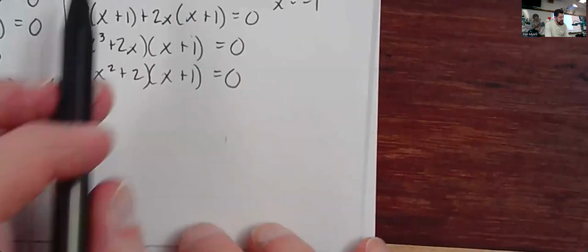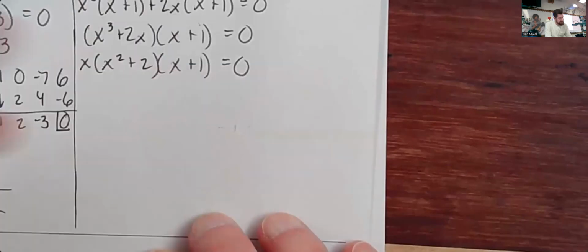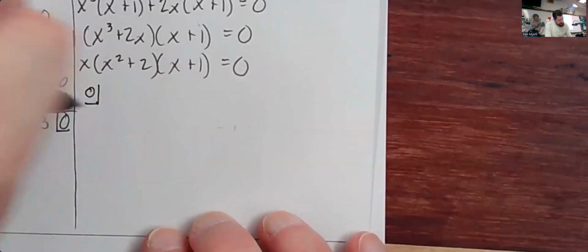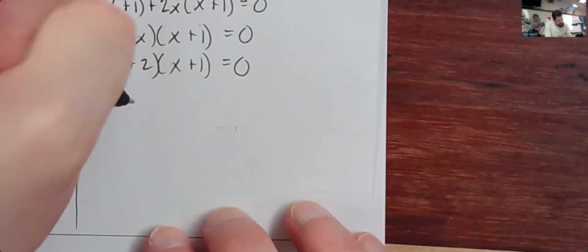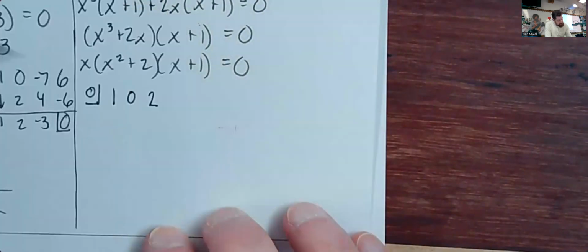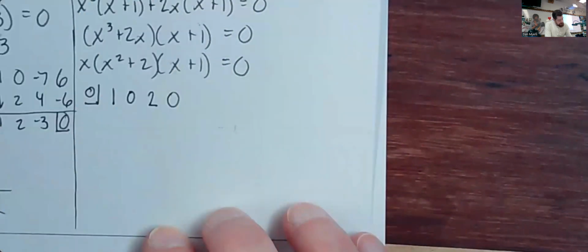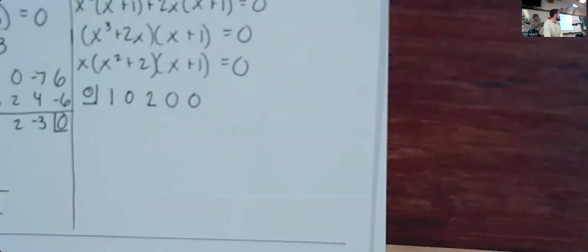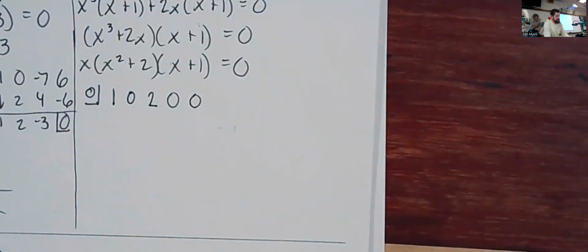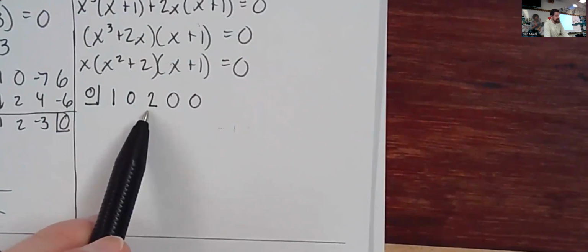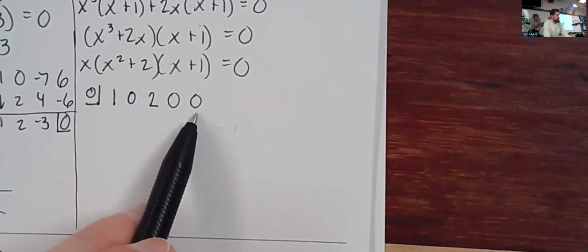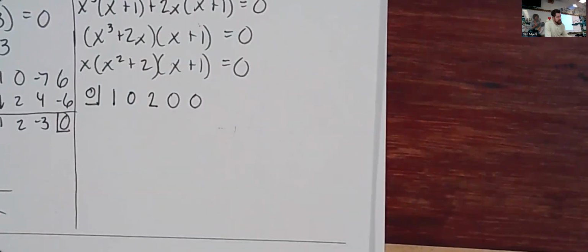So let's go with x to the 4th plus 2x squared first. Here's 0 for x. We're going to have 1, 0, 2, 0, 0. That's x to the 4th plus 0x cubed plus 2x squared plus 0x plus 0. All right, here we go.